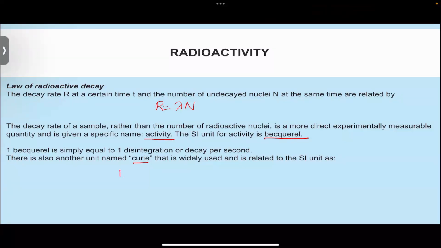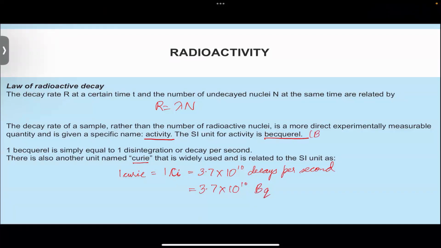One Curie, denoted Ci, equals 3.7 × 10^10 decays per second, which is equal to 3.7 × 10^10 Bq. Bq is becquerel, Ci is Curie.